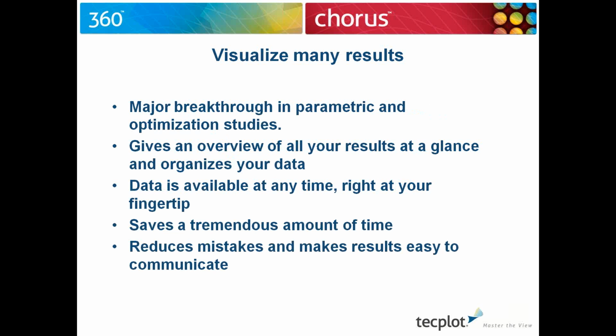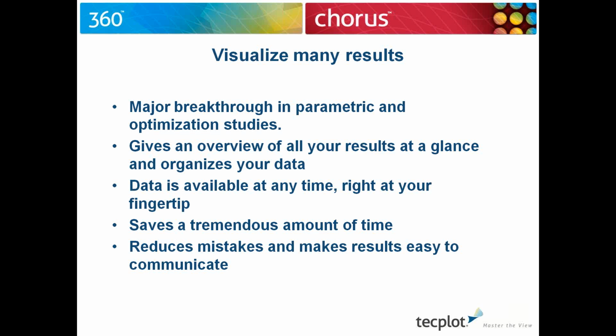Tecplot released, last year, or 2 years ago, sorry, the new Tecplot Chorus software. Well, it's a major breakthrough in parametric and optimization studies. I will give you an example just after. So basically what you can do with Tecplot Chorus is view all of your results at a time. And it also organizes your data for you, so you don't have to look a long time for data.